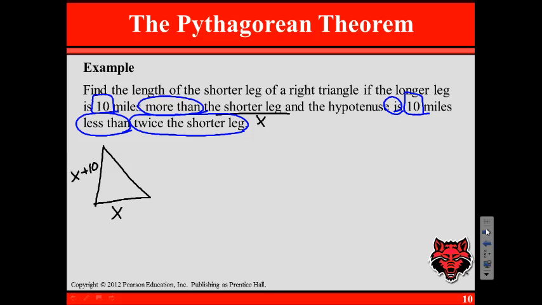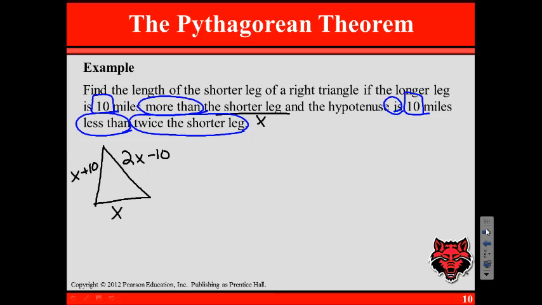Remember, when we see less than, that's just like if we see subtracted from, we're going to reverse the order. So we start with twice the shorter leg, 2x, and then we subtract 10, so minus 10. We now have the three sides of our triangle.